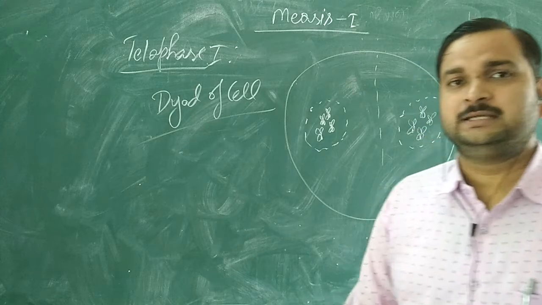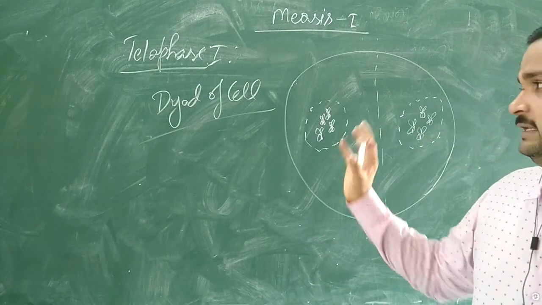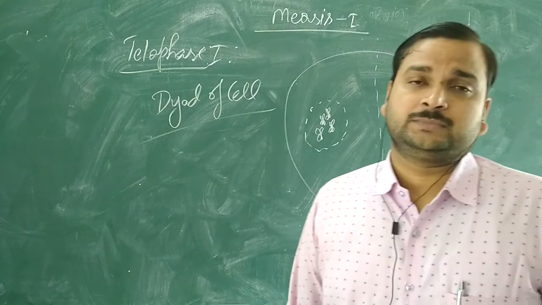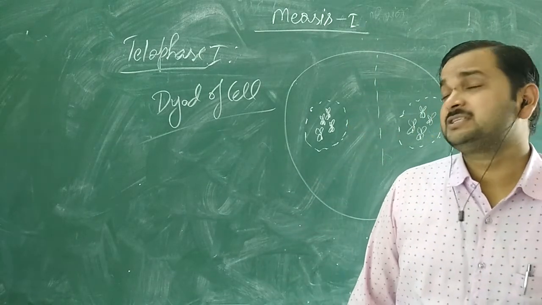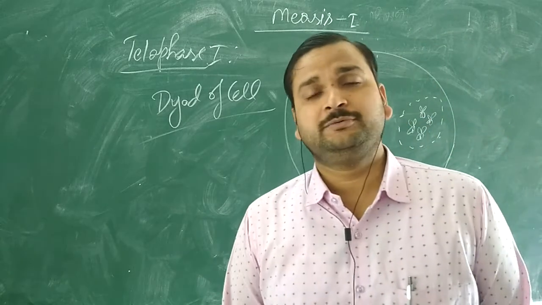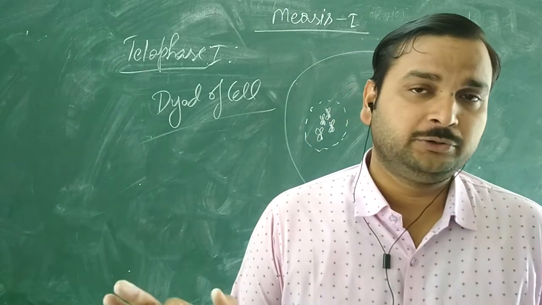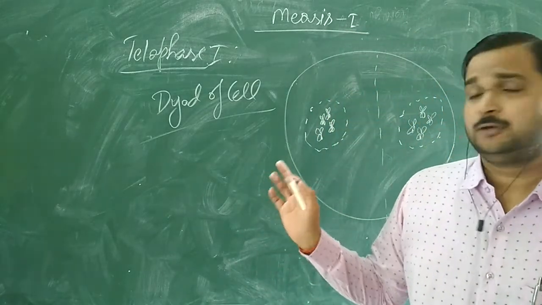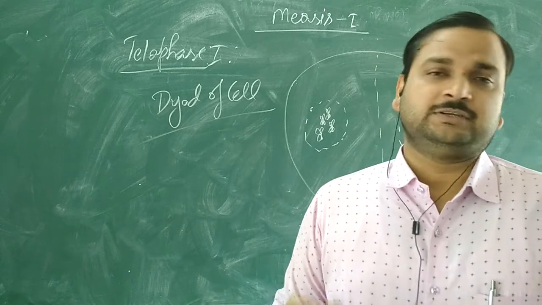This condition of the cell in which two nuclei are present in a single cell is called dyad of cell. Okay, so in the examination a question is asked: when is this dyad of cell observed during the cell division? This dyad of cell is observed during the telophase first of meiosis first.